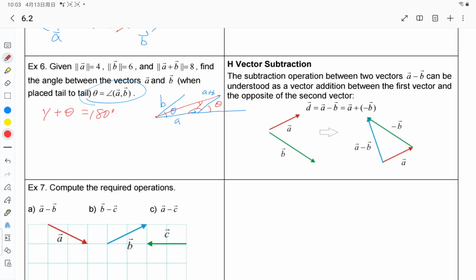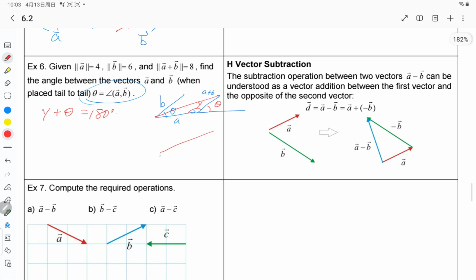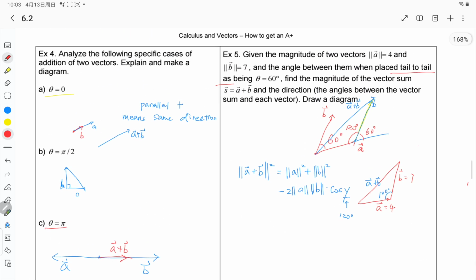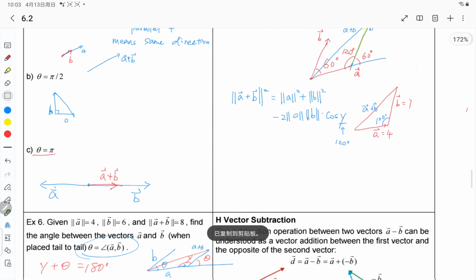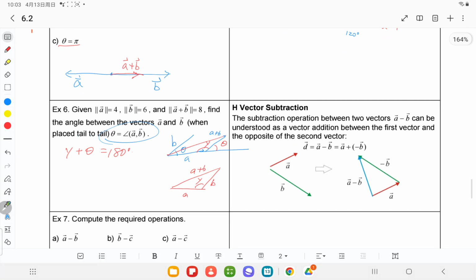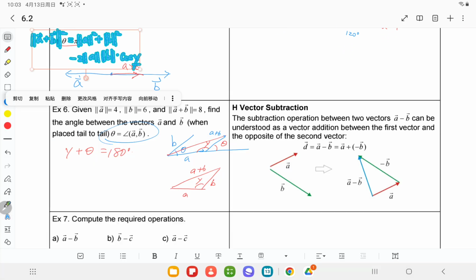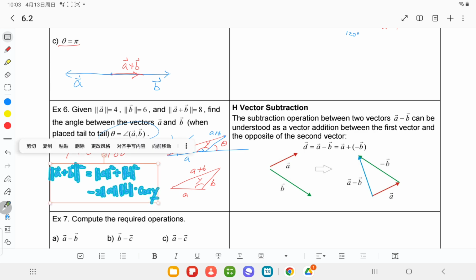And how do we know gamma? Well, because we have this triangle constructed: a plus b, gamma, a, b. Because we have that formula, we can calculate gamma. Sorry, I'm just very lazy, but you should be able to write down the formula yourself and see if you agree with me, because I might make a mistake.